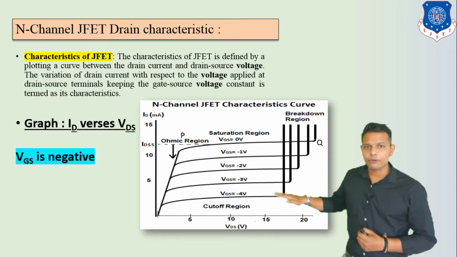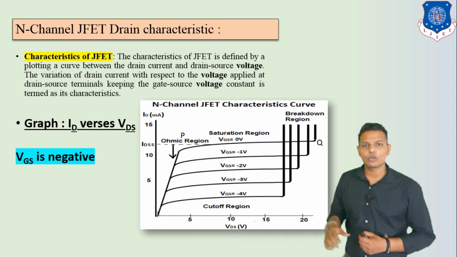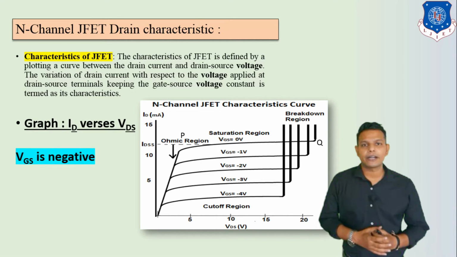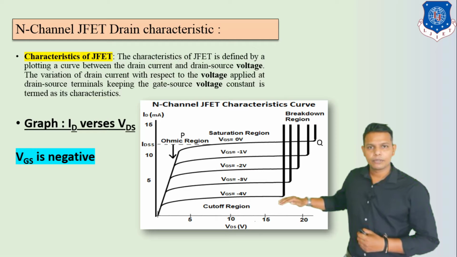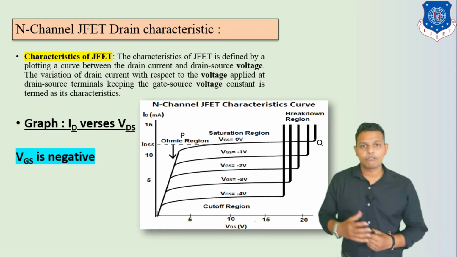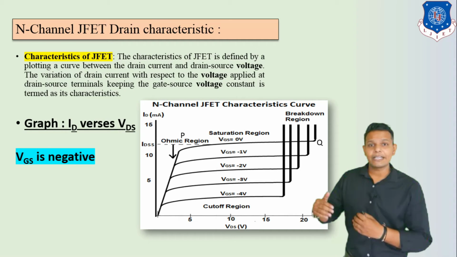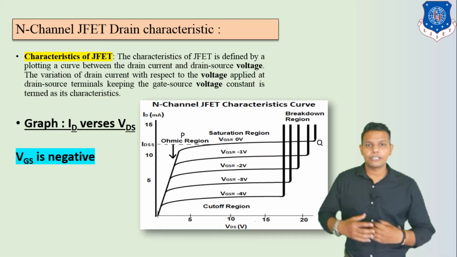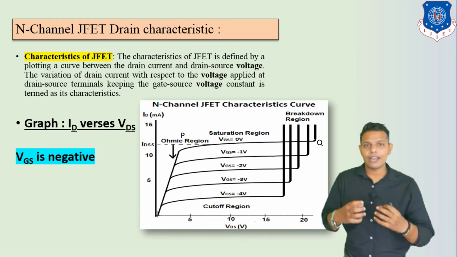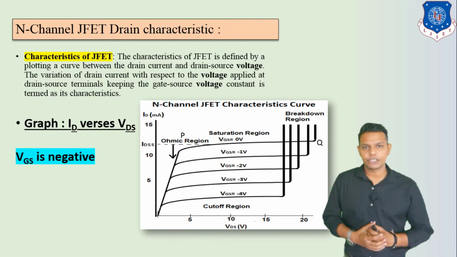And if we apply more and more negative voltage, VGS equal to -4 volt, at this time your drain current flow is reduced. Here we can see in this characteristics why it becomes reduced, because we have seen in our previous lecture that the width of the depletion region is increased when you give more and more negative voltage.